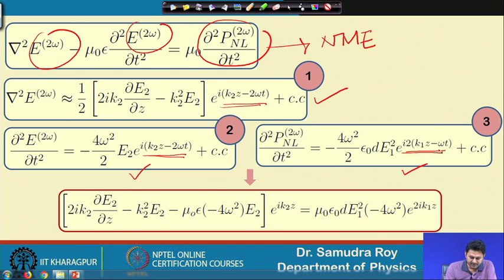So, when we put this term, and if I take only one part, not the complex conjugate part, because the complex conjugate part will give a similar equation with complex conjugate, we can remove this term. So, removing the complex conjugate term, we will have this half of 2 I k2 d2A dz minus k2 square E. So, this is the first term we will have.